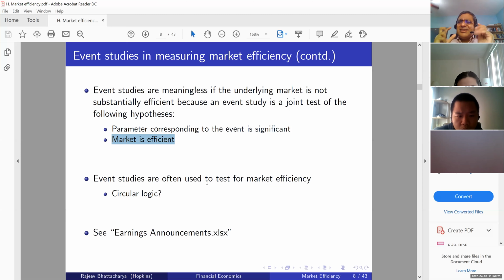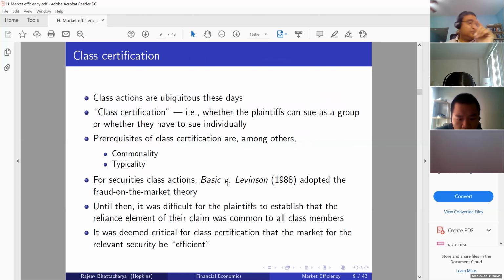So event studies are very hard to tease things out of. You have to be very careful with understanding everything. Event studies are often used to test for market efficiency, whereas the very idea of an event study is based on market efficiency. So what exactly are you testing? You need to always be aware of that.